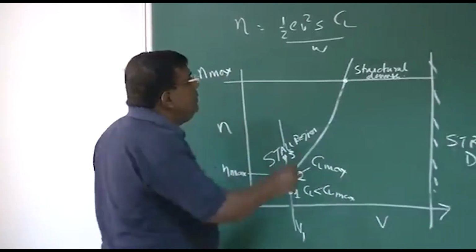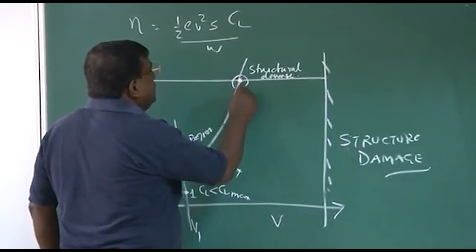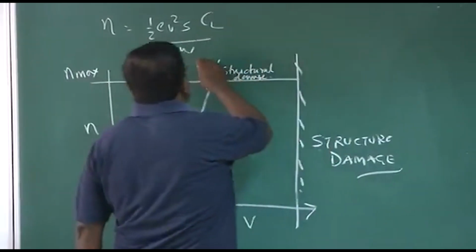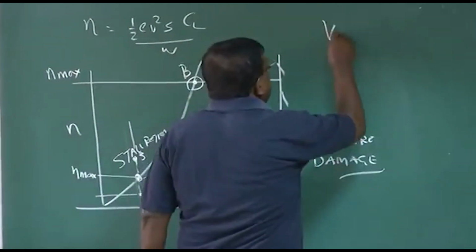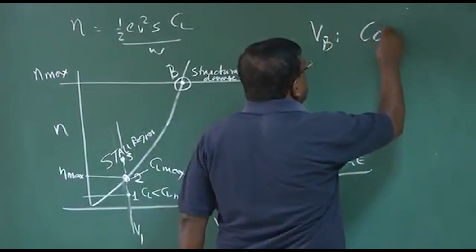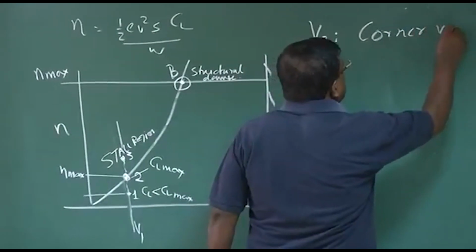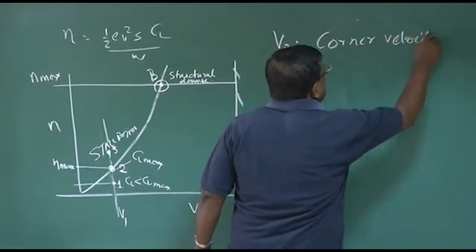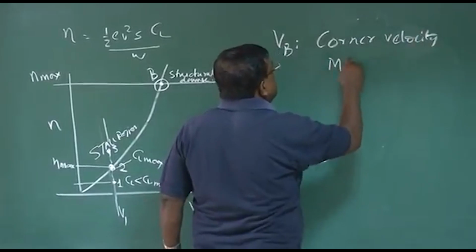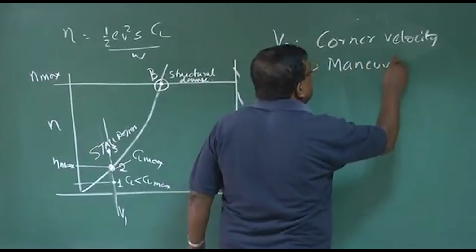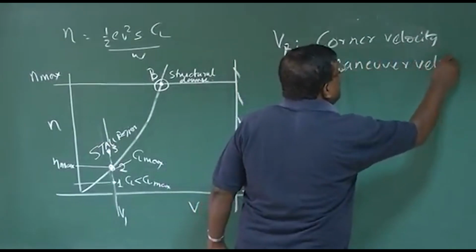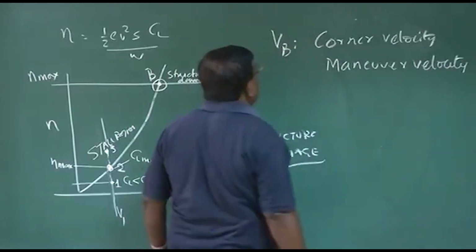So now, this is very important. What is this? This I call point B. VB is called corner velocity or maneuver velocity. Right?